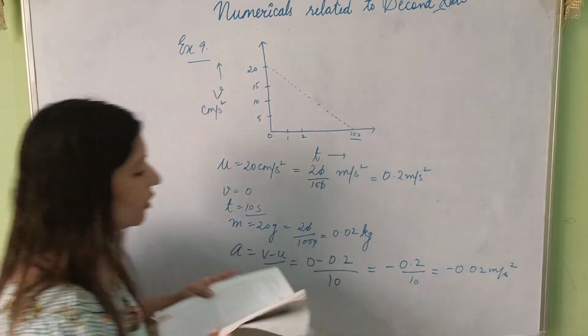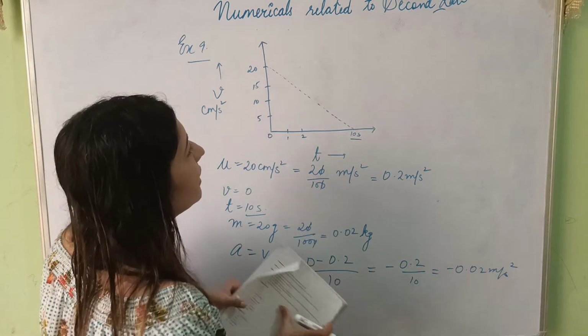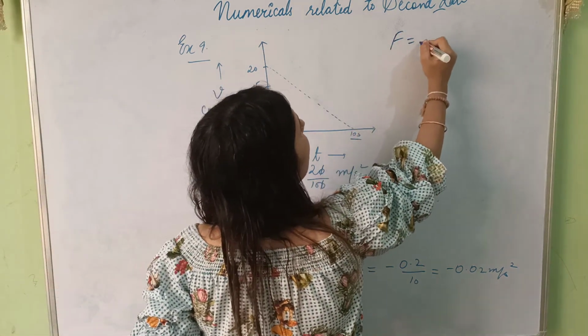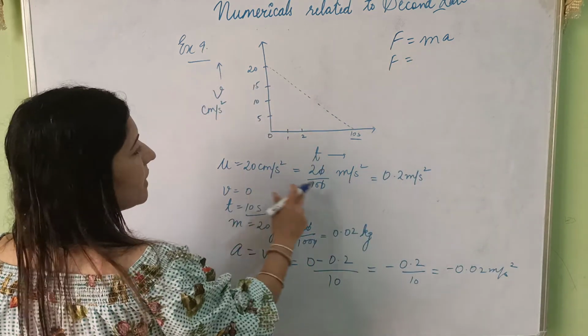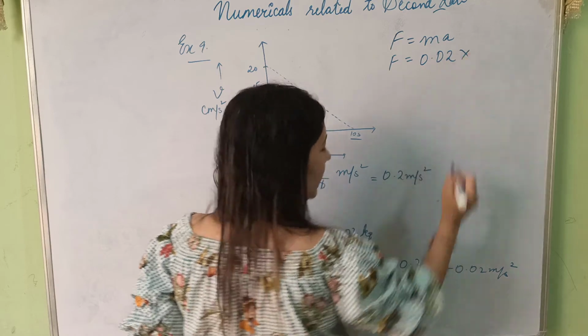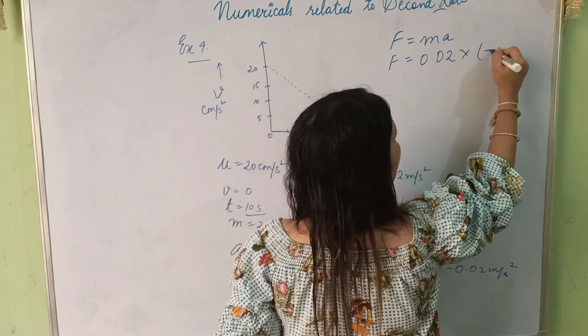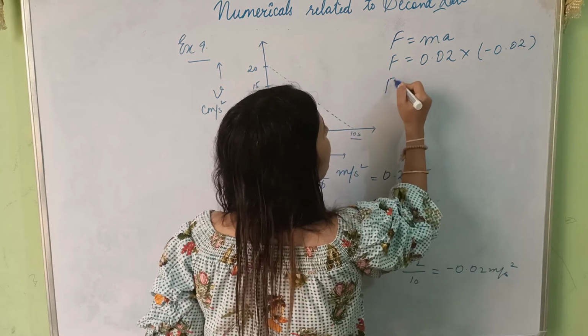Now you need to find out the force in this case. Force is m into a. The mass given to you is 0.02, multiplied by minus 0.02. So force is negative.